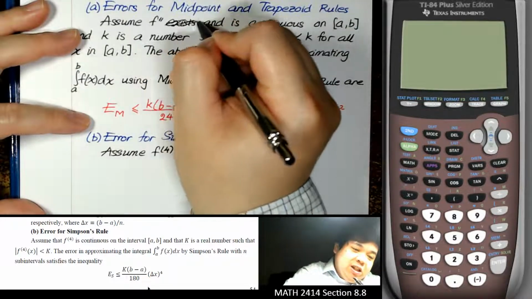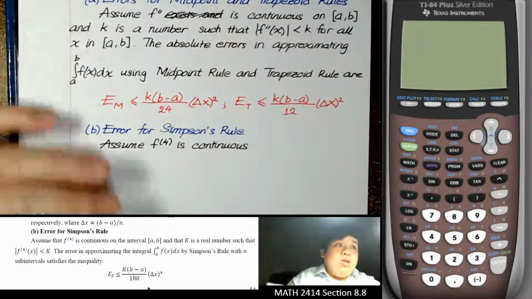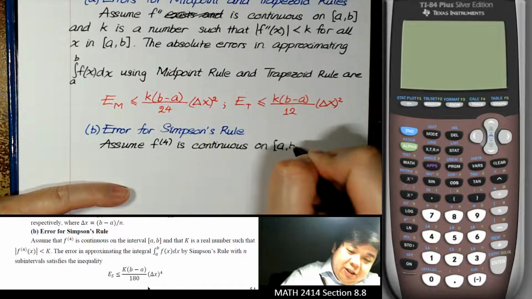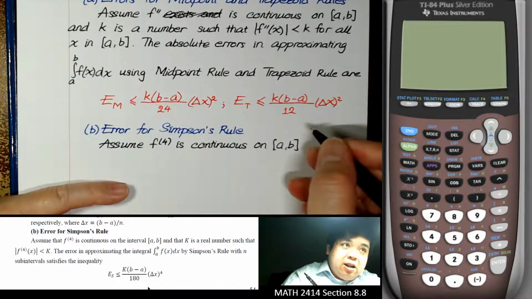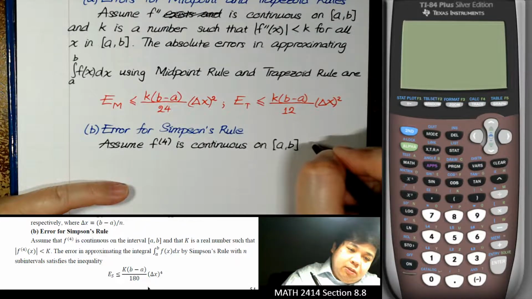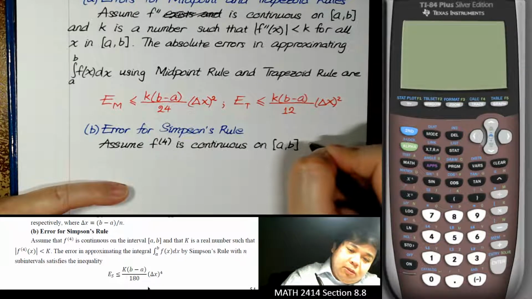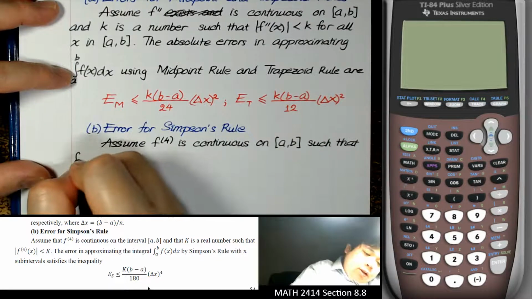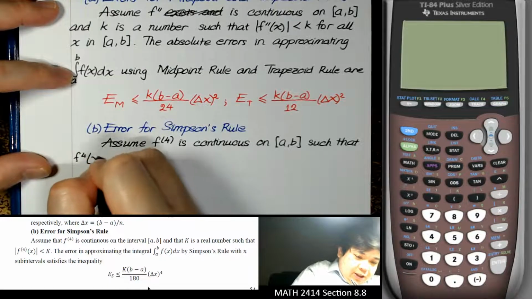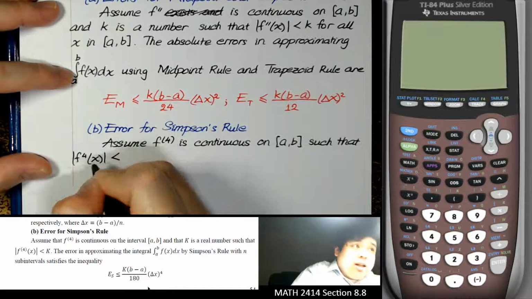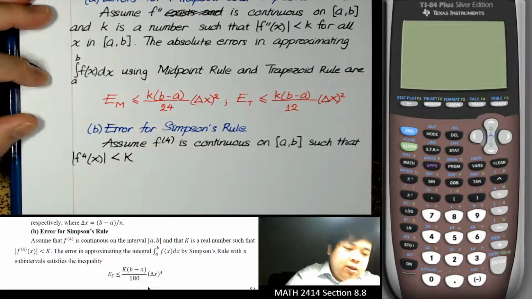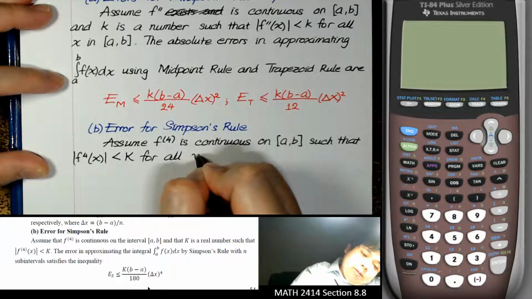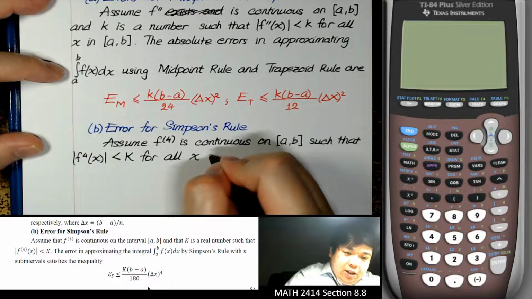We don't need exists, because if it is continuous, it certainly exists on the interval a and b. Just that. The fourth derivative less than k for all x in AB.